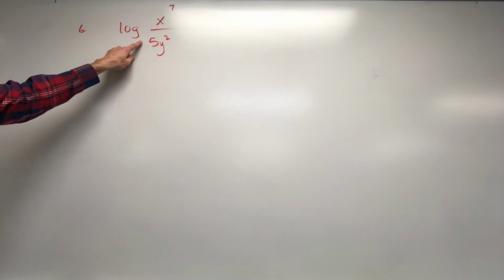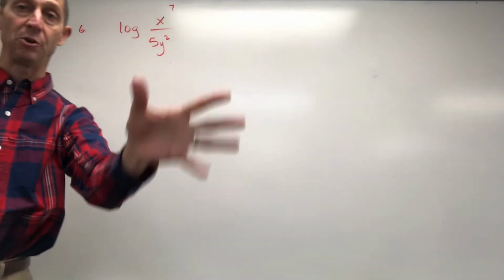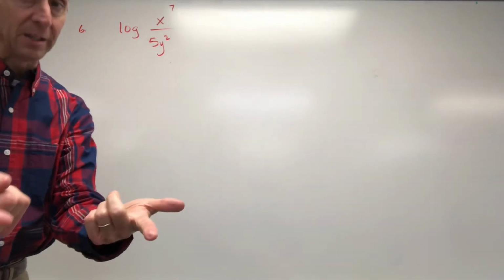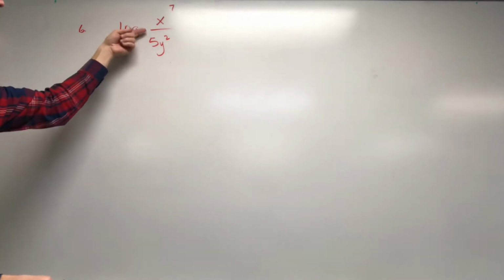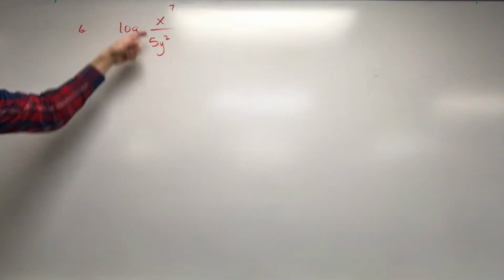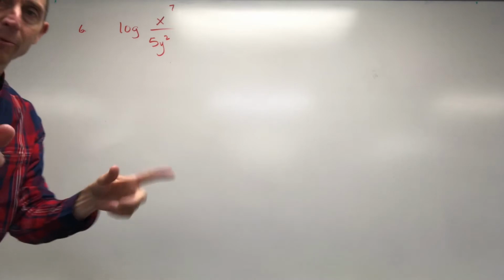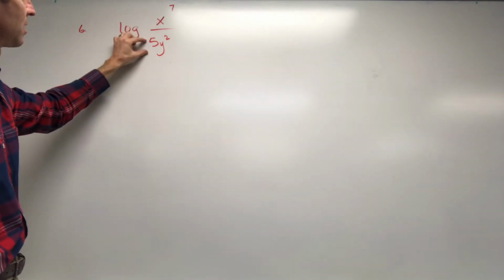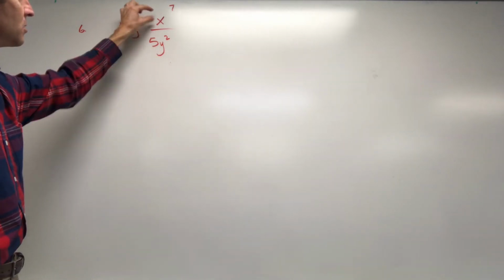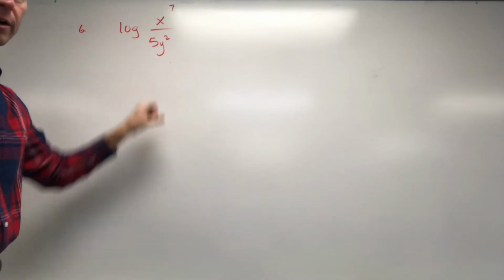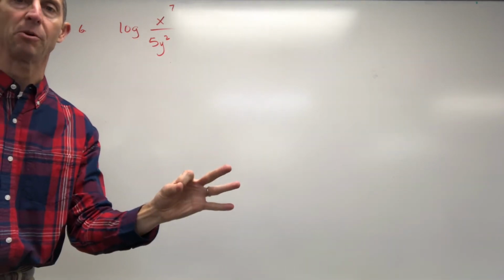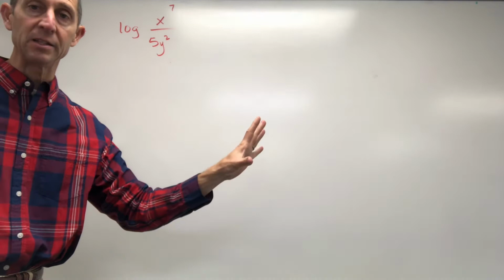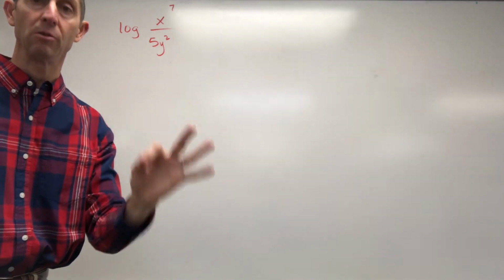And again, there's no base given to you. So if no base is given, we know it's going to end up being a 10. All right, we have a division right here. We've got more stuff on the bottom. Watch how this works. So you've got an x, you've got a 5, and you've got a y. You have three pieces to this problem. So when you expand this out, you're going to have three logarithms.